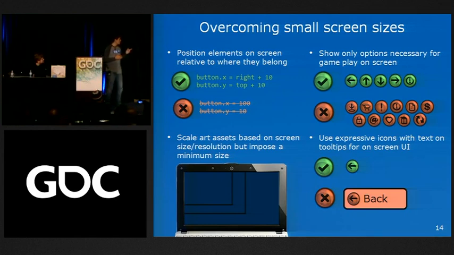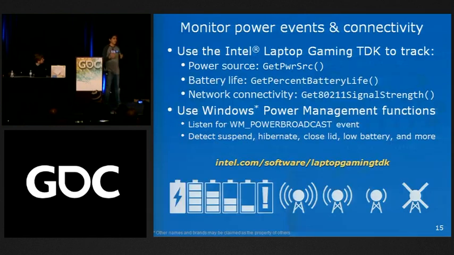Another point is when you're doing your buttons, maybe instead of putting text to describe what the button does, just use a descriptive icon and maybe use a tooltip instead.